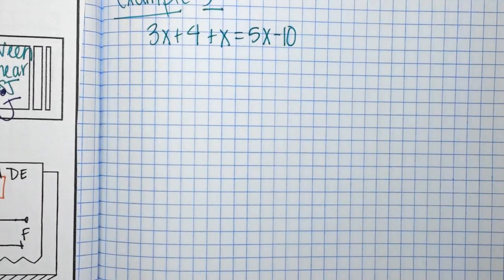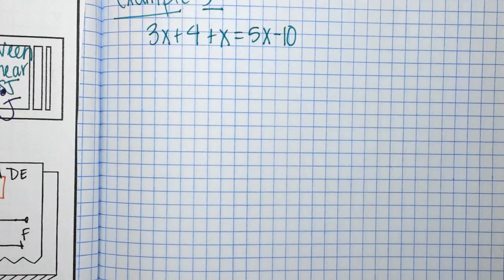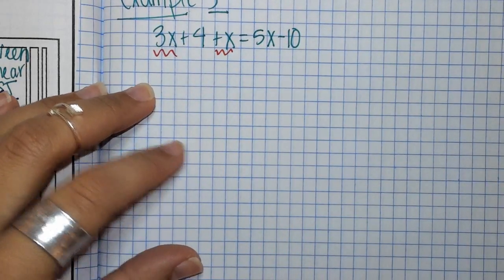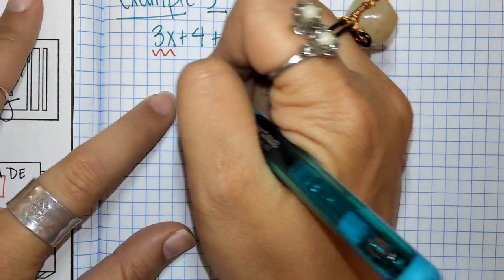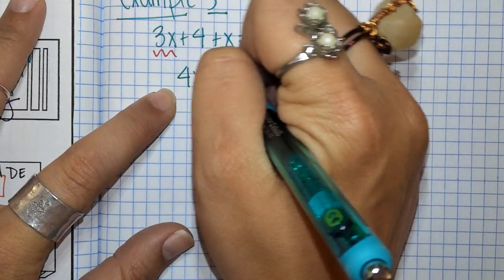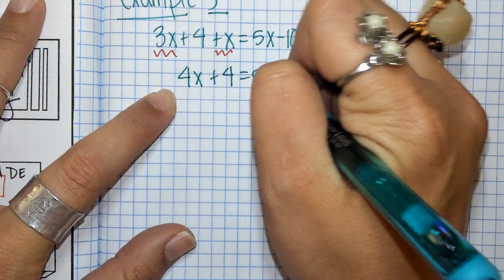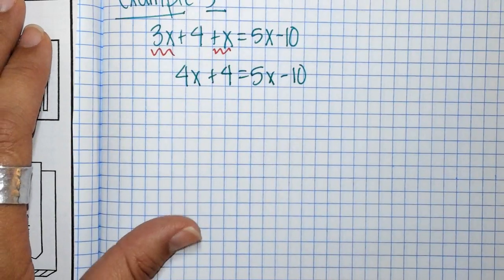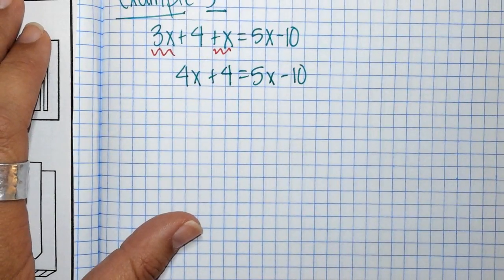Can I solve it from there? Do I have any like terms that I can combine? 3x and the x. So 3x plus x is 4x. Now what would I do?